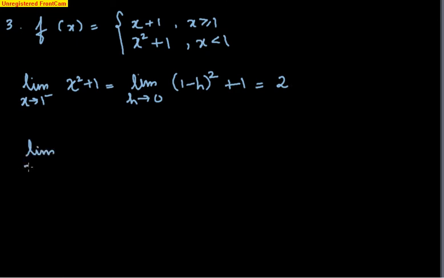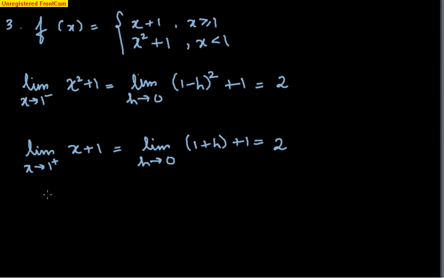Next I take limit x tending to 1 plus. The function is x plus 1, and I next take the limit h tending to 0. Instead of x, I put 1 plus h plus 1. Again put the value of h as 0 and you get 2.